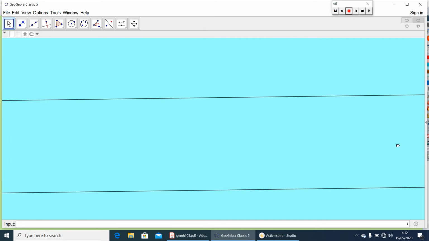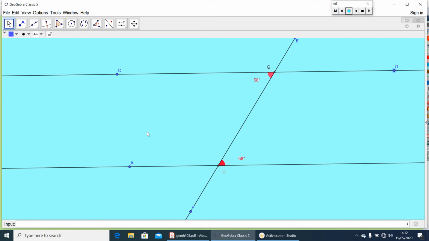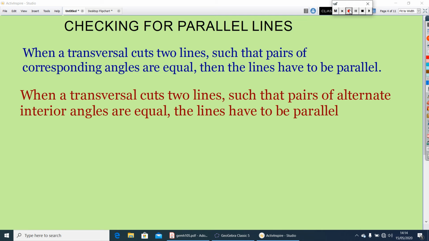Therefore, these lines will be parallel. So this is the second condition. If two lines are cut by a transversal and alternate interior angles are equal, then also the lines will be parallel. So we can conclude, when a transversal cuts two lines such that pairs of alternate interior angles are equal, the lines have to be parallel. So this is another way to find out whether two lines are parallel.